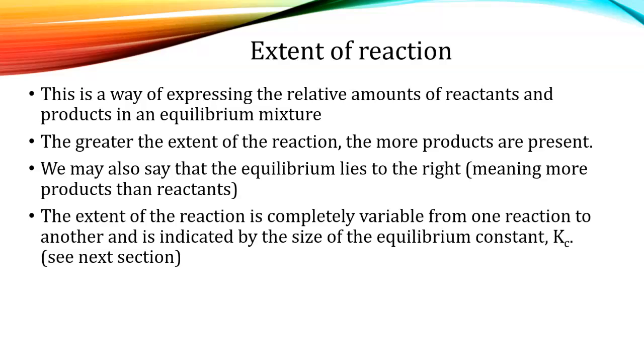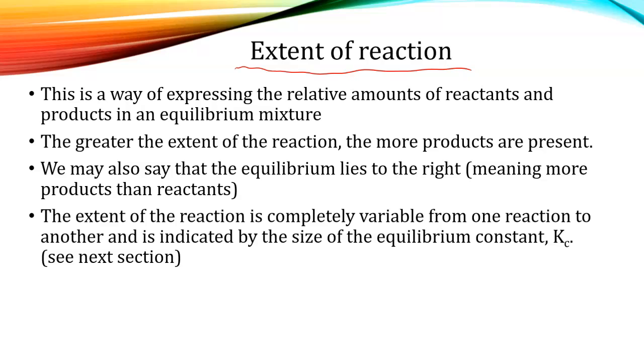Another bit of terminology that's really important for you to be comfortable with is the term extent of reaction. And so this is our way of expressing how much, or the relative amounts, of the reactants and products present. So to what extent the products have been successfully produced.